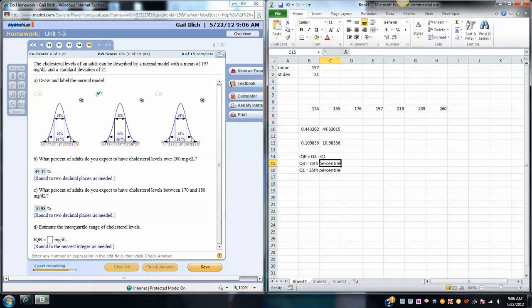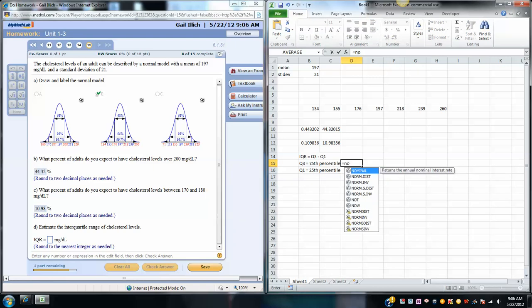So if I want to get the 75th percentile, now I'm looking for the data value that's associated with the 75th percentile. The way that I get that is I use the norm inverse function. So I say equals norm inverse, and then I'll do 0.75 because I want the area to the left, which is the 75th percentile.